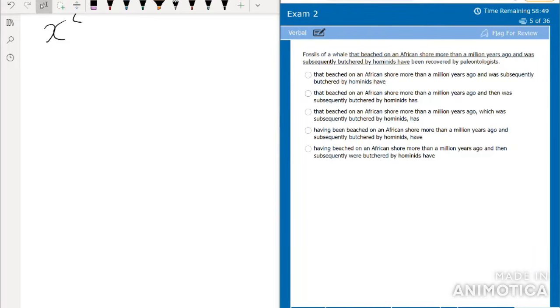So we can get rid of that. Okay, and then I don't think fossils of a whale having been beached is correct. I prefer fossils of a whale that beached, because it's the whale that beached, it's not the fossils having been the whale having been beached. Passive for no reason.